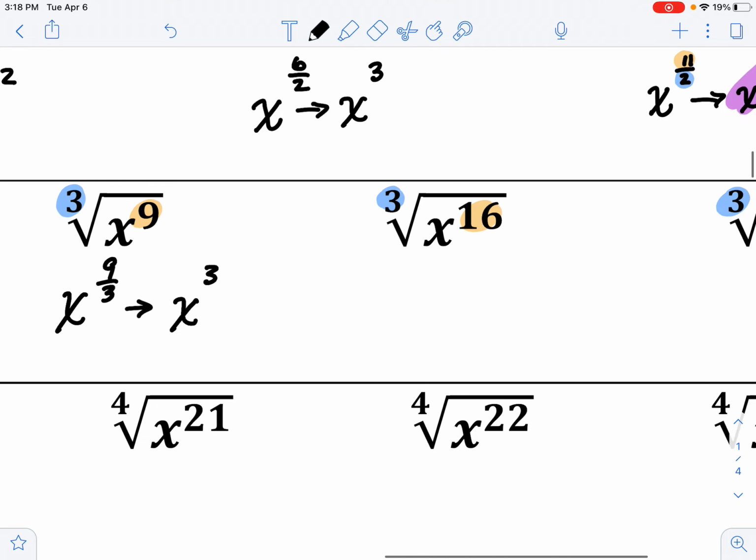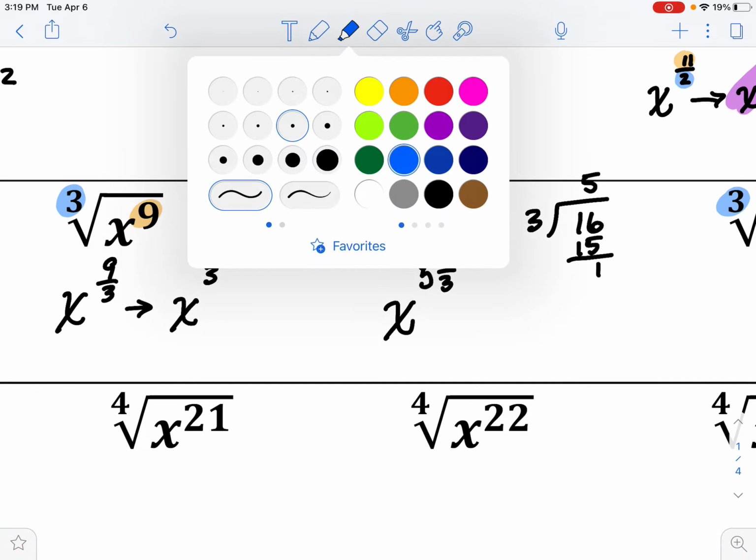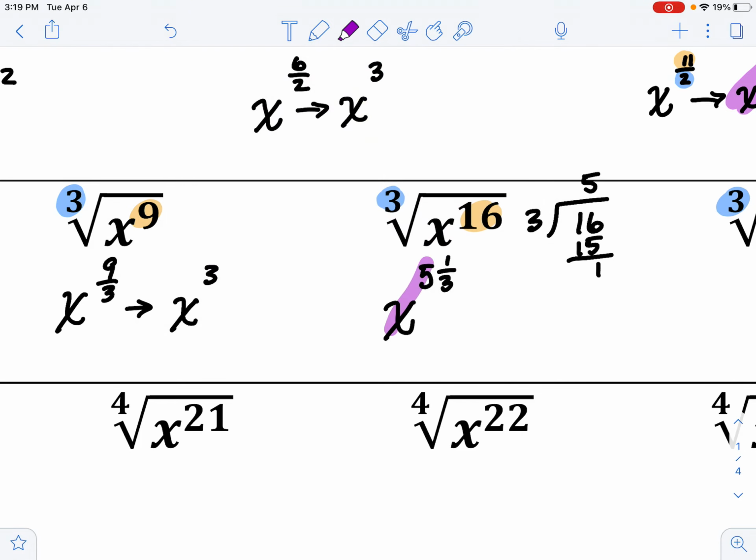And now we're going to get to the ones where you're going to have a radical in your answer. 16 divided by 3. 3 goes into 16 5 times with 1 left over. So this is going to be x to the 5 1/3. Okay? So remember what I just showed you on the squared ones.